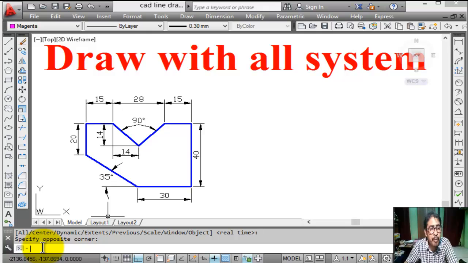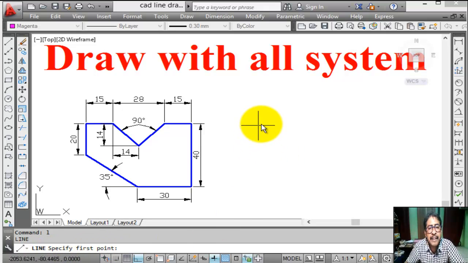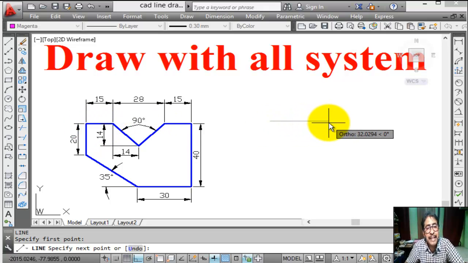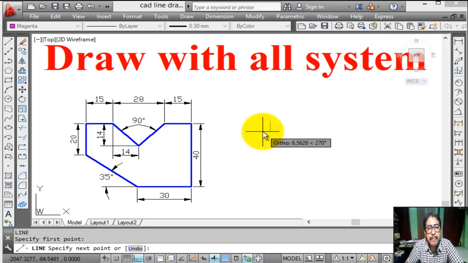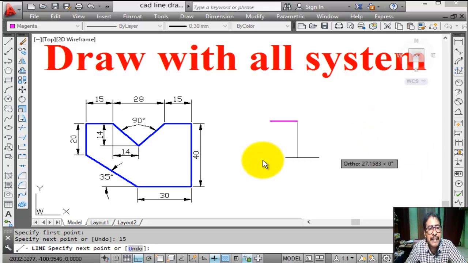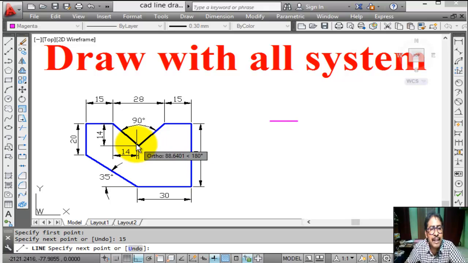First, type line command. For line command, type L, enter. Specify first point, click on any suitable point. Ortho is on. This line is 15. We type just 15. Mouse in right side, 15, enter.